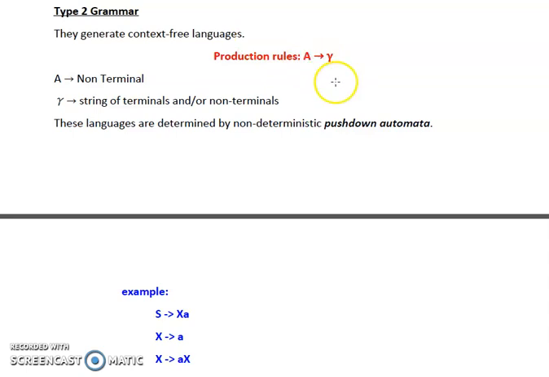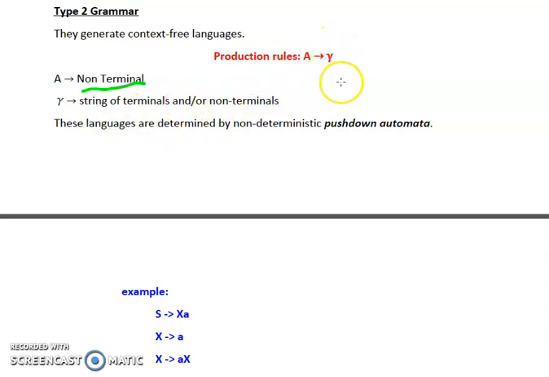A tends to gamma means that on the left hand side of the production rule, we can have a single non-terminal. That means on the left hand side, there should be only one non-terminal. But on the right hand side of the production rule, there is a string of terminals and/or non-terminals.